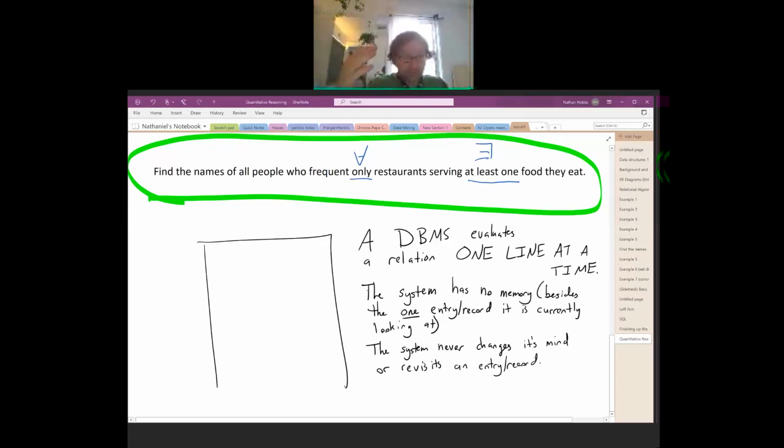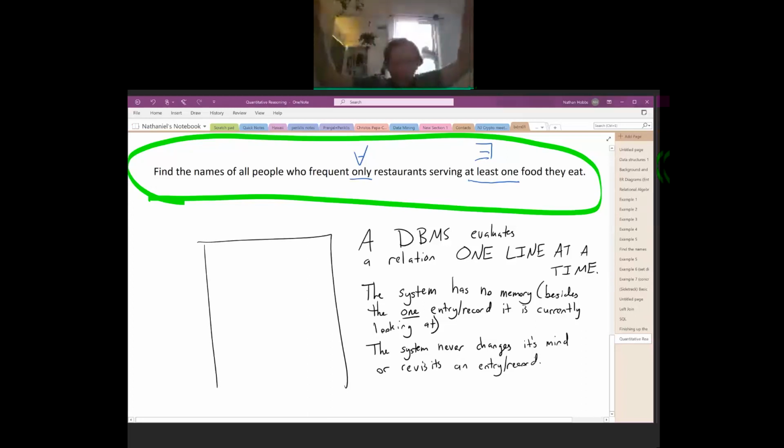So the way database management systems are built is that they read things one line at a time. It doesn't look at multiple entries of the table. It looks at one entry, makes a decision about that entry, and then moves to the next entry. After it's made, its decision is final.